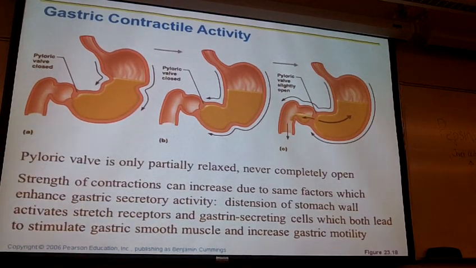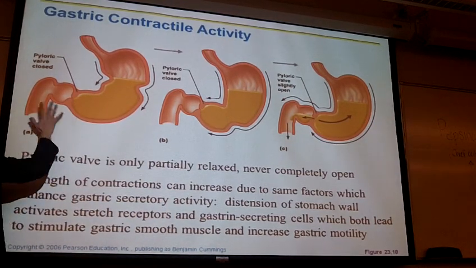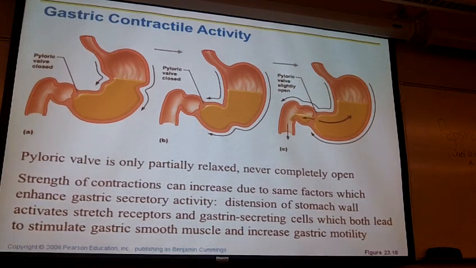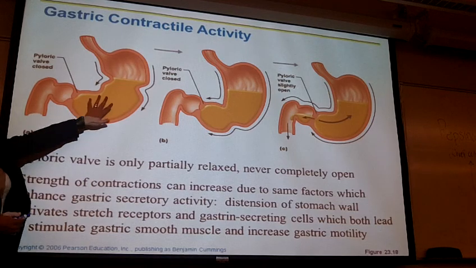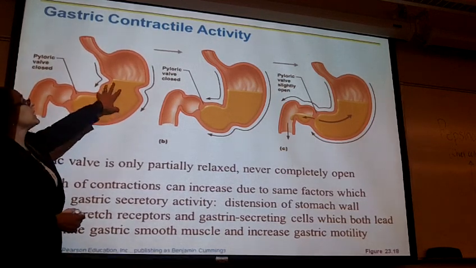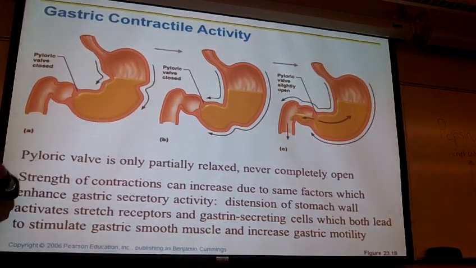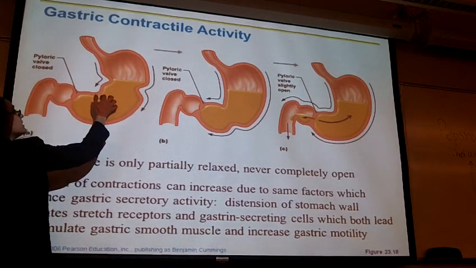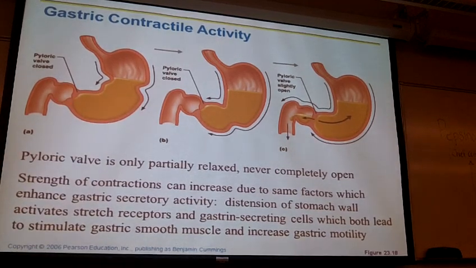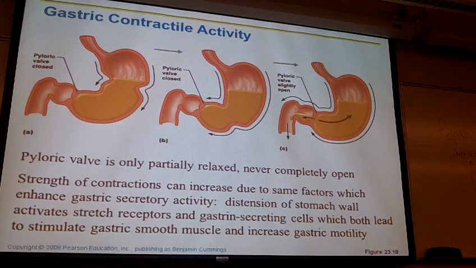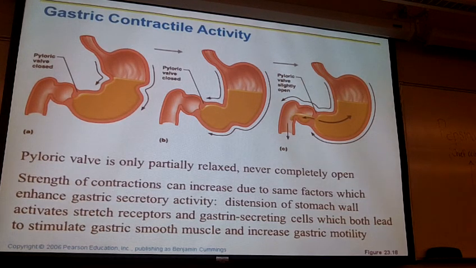So this is one reason if you have slow motility through the GI tract, if things aren't moving fast through the GI tract, you can have a lot of gastric problems and a lot of heartburn, because what will happen is that food will sit in the stomach longer than it should. It should stay in the stomach about 4 to 6 hours, and then it should be moving into the small intestine.